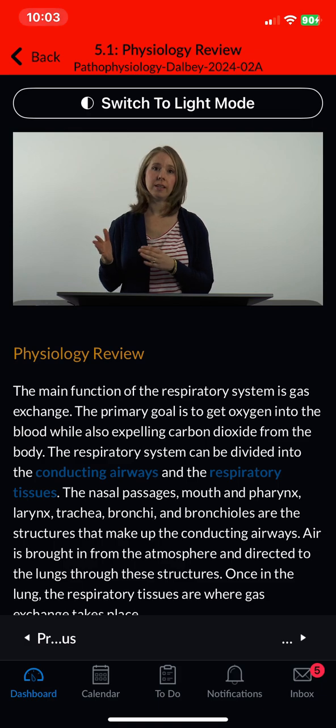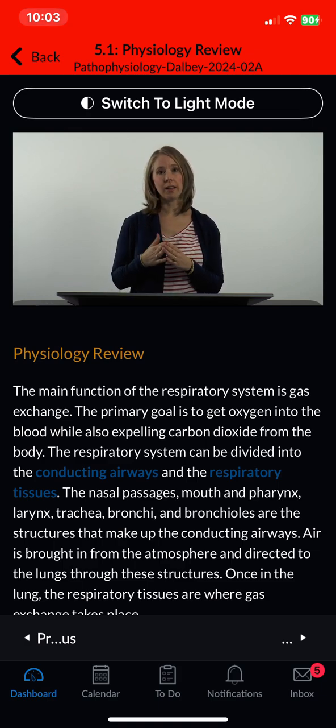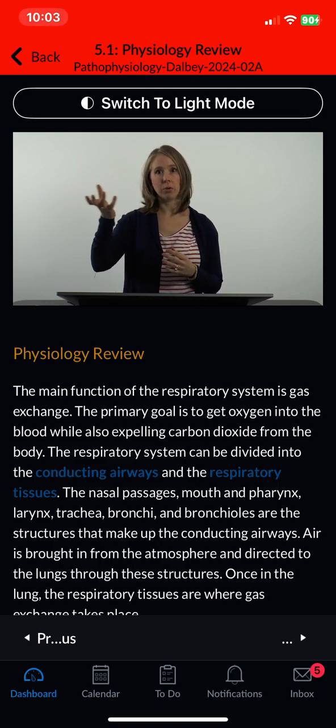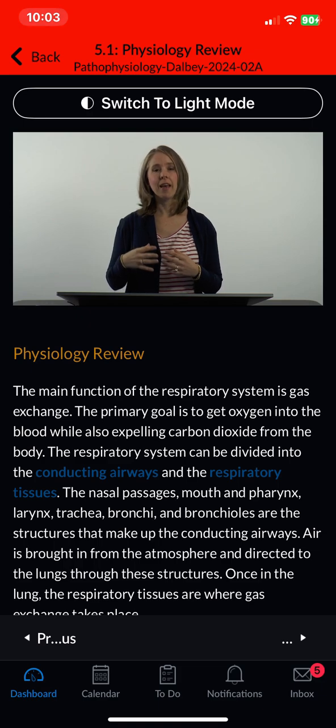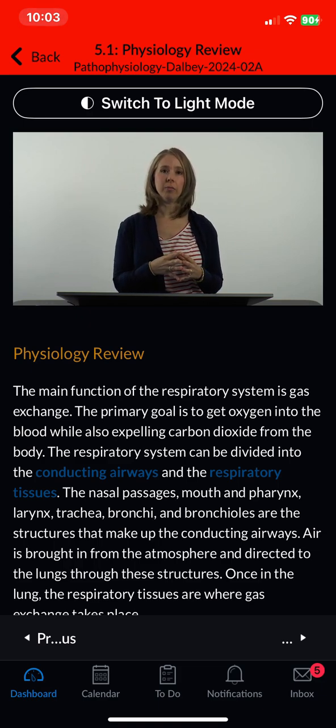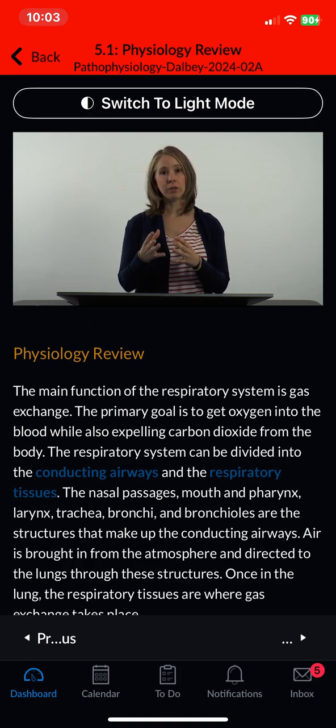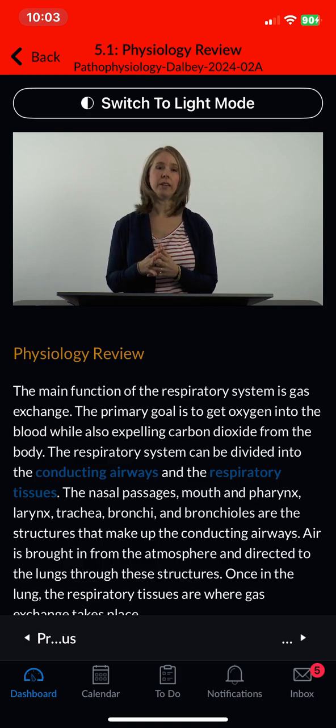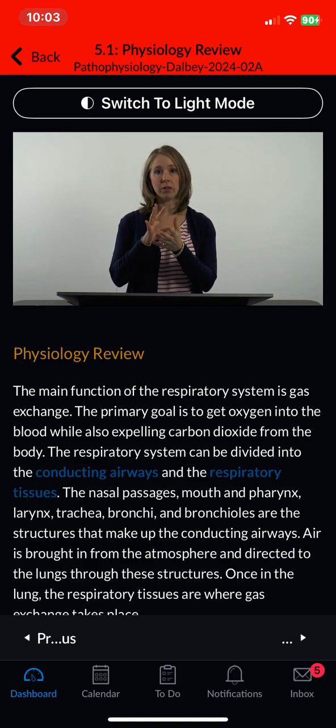And we're going to then move into looking at what we call the bronchial tree, our lungs, and then all the way down to that microanatomy of looking at the alveoli and the capillaries that surround it, which are what we call the respiratory membrane. And that's where gas exchange actually occurs.